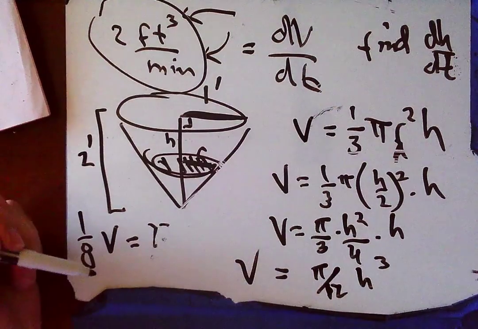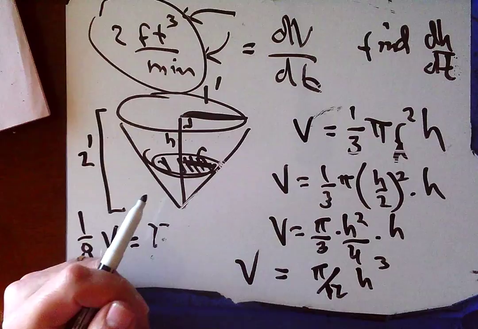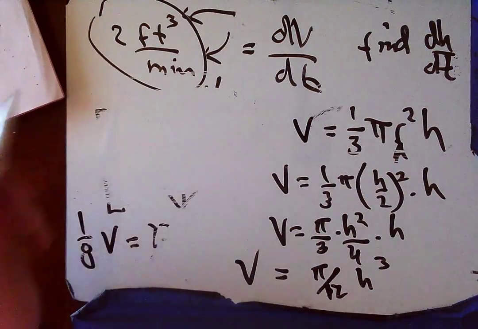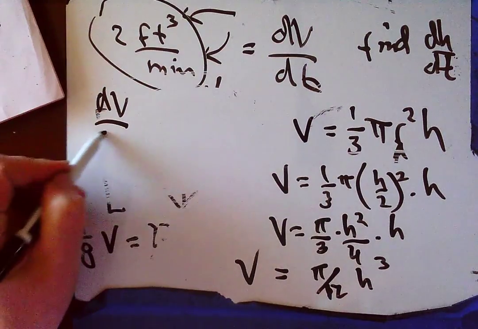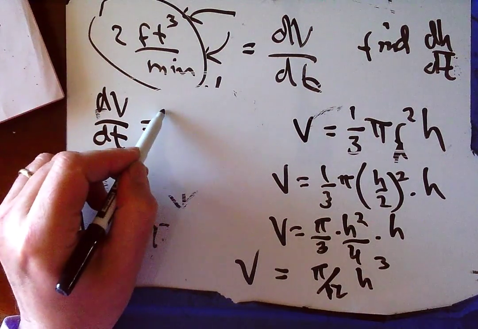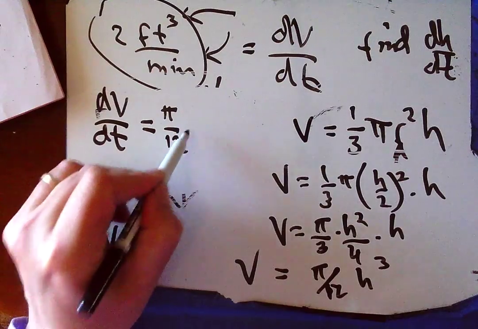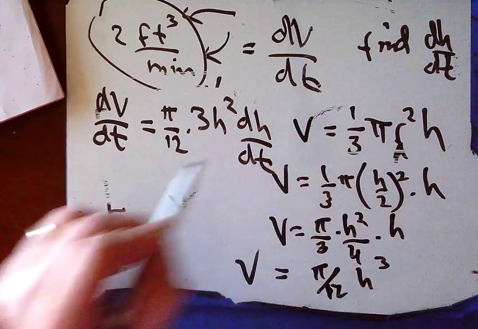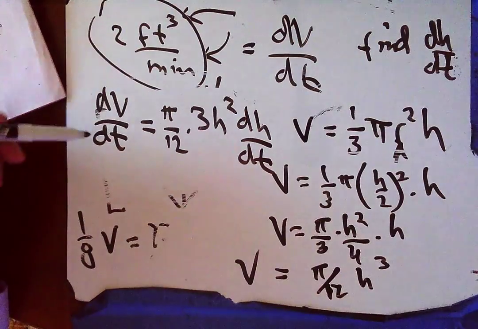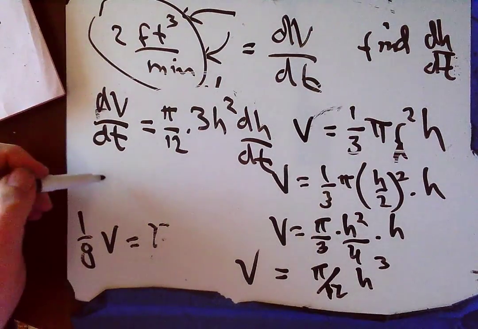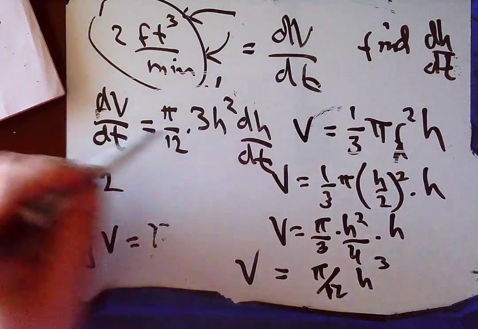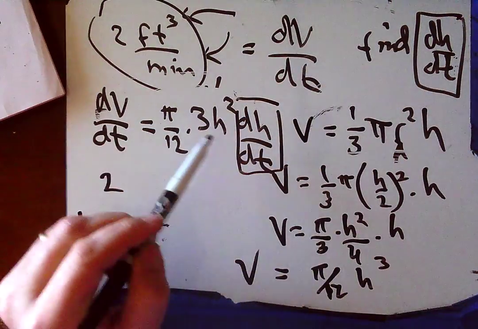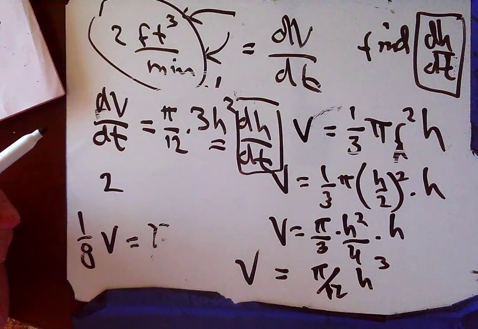Okay, that's my volume. And so when I take the derivative of both sides of this with respect to time, I get the following. I get that dV/dt equals pi over 12 times 3h squared dh/dt. Yeah? They told us that dV/dt was 2. And we were told we were looking for dh/dt. Well, I don't know h.